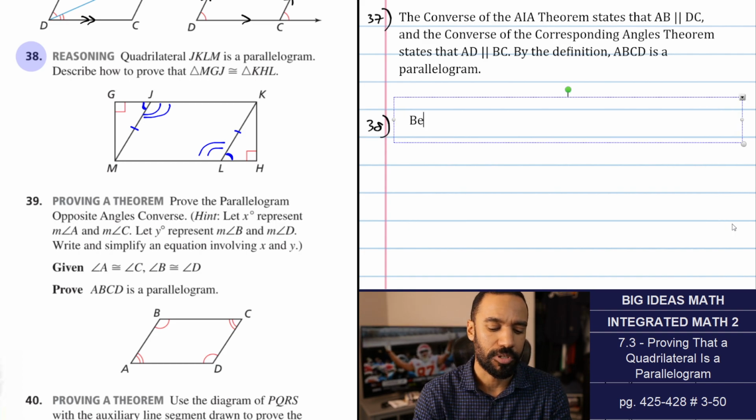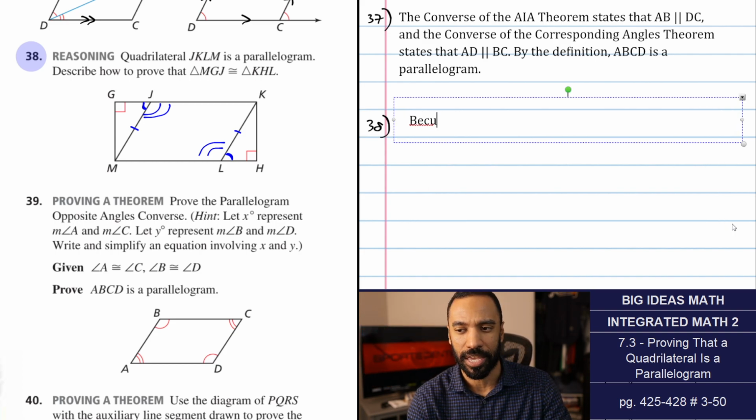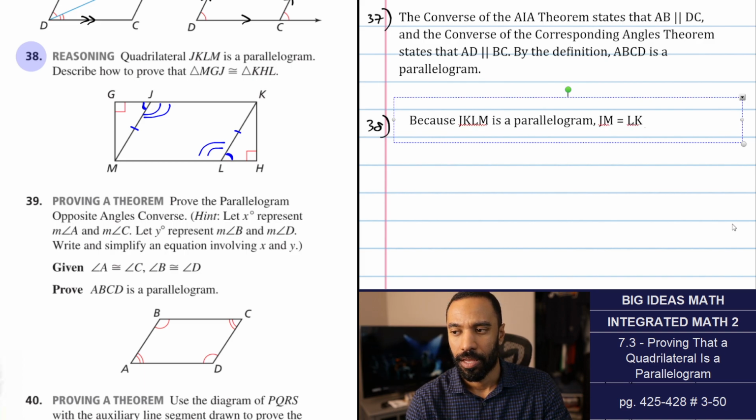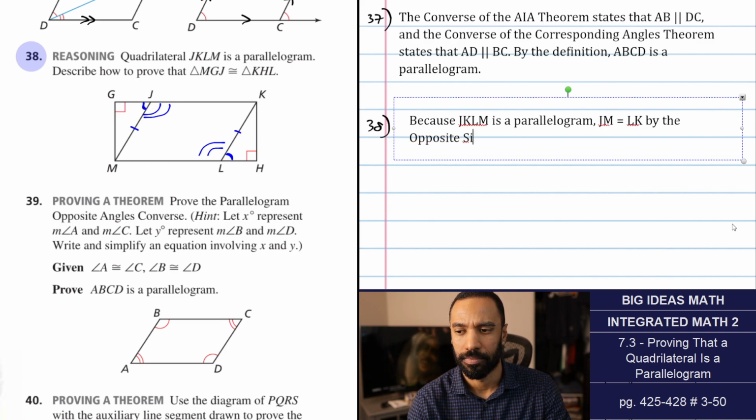Because JKLM is a parallelogram, and I'm sorry that I'm typing this stuff, so I'm losing some of the formatting, then JM is equal to KL. I should say LK, by the parallelogram opposite sides congruent theorem.